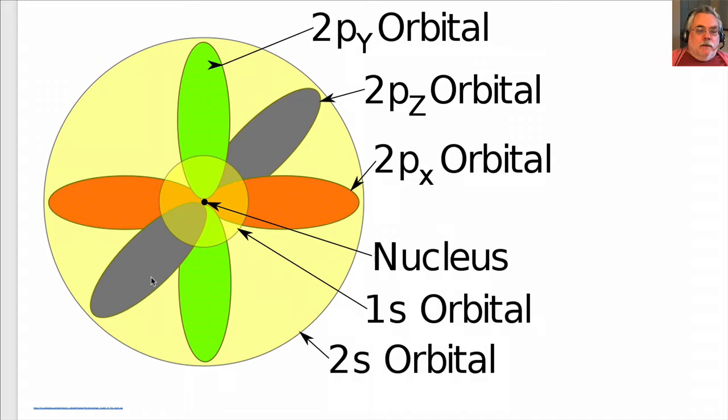The p sub z orbital is 2 gray lobes in the z-axis. The p sub x orbital is 2 orange lobes in the x-axis. The p sub y orbital is 2 green lobes in the y-axis, whereas the 1s orbital and 2s orbitals are spherically symmetrical. Molecular orbitals between pairs of bonded atoms are also directional.